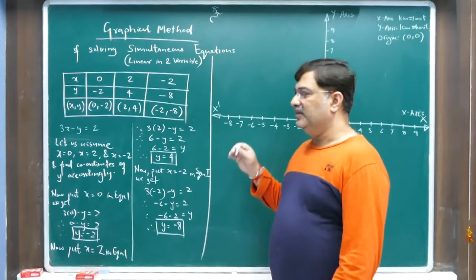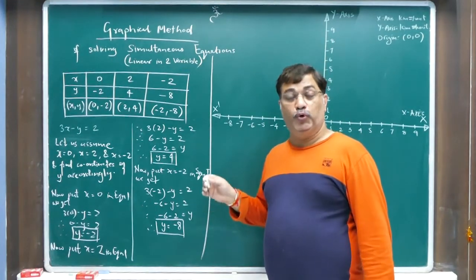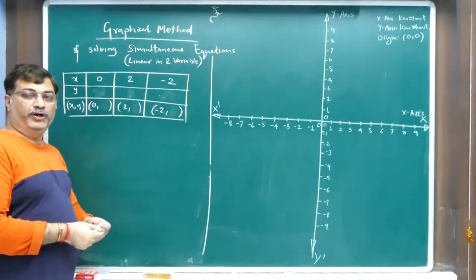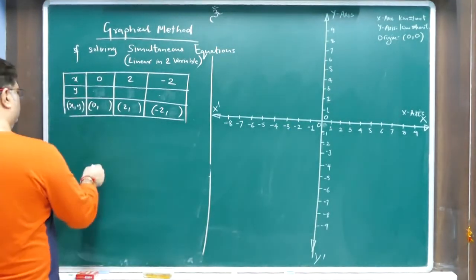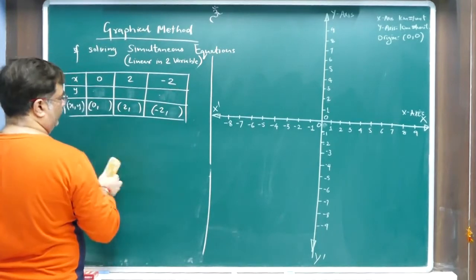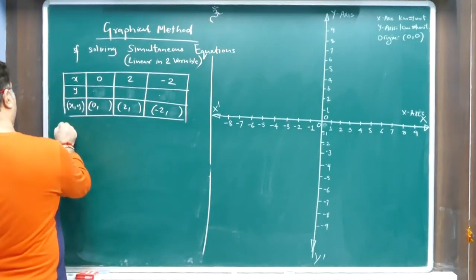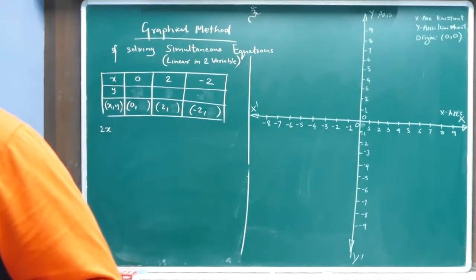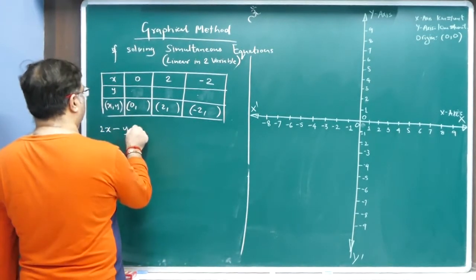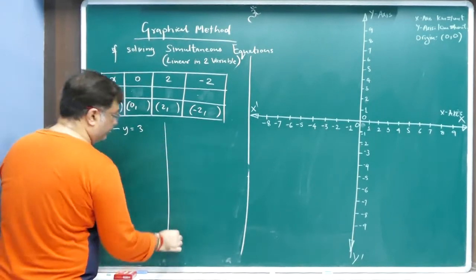Right. Exactly the same thing we are going to do now for equation number 2. So how do we start? What is the given equation? 2x minus y is equal to 3. This is the equation.